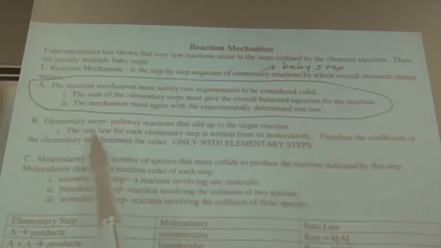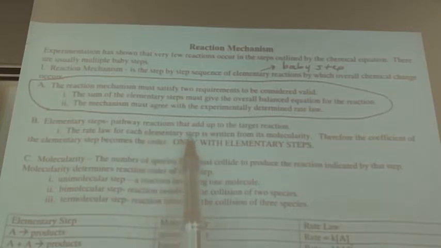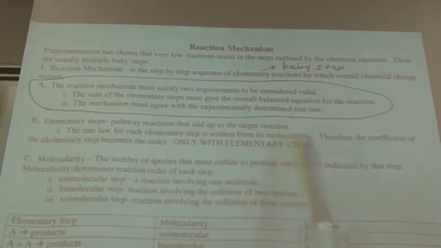If you wanted, you could write a rate law for every single elementary step, and it's written from its molecularity. Do not be afraid of the word molecularity. It's scary. You don't know what it means, but it's easy to figure out. Okay?